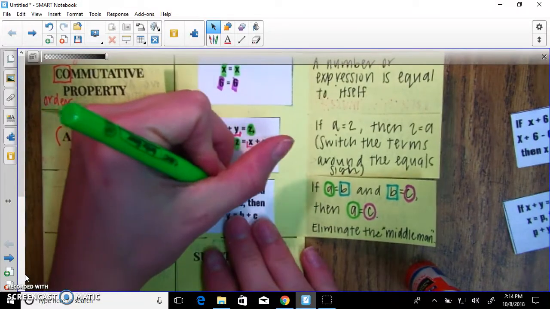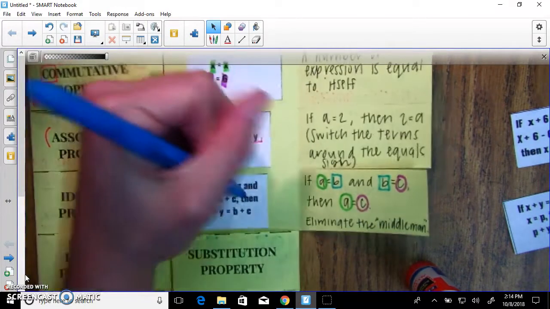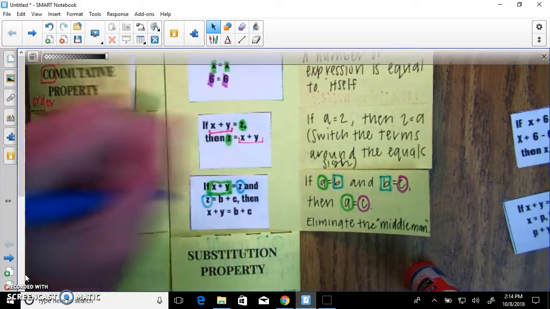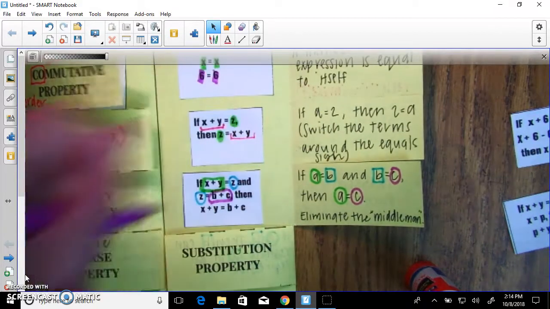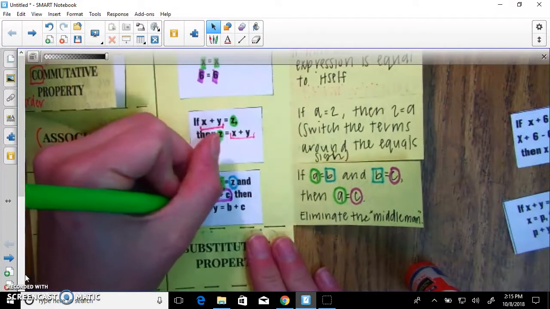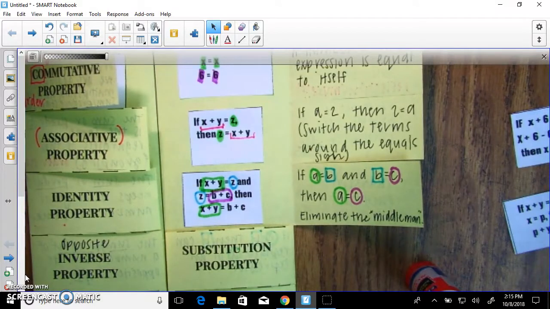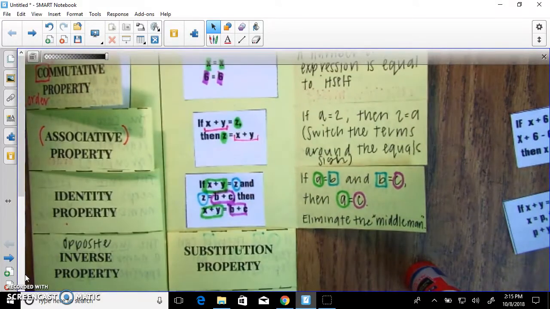So if x plus y, so that's like our A, is equal to z, and then z is equal to b plus c, so that's that third item, then x plus y must be equal to b plus c. So since x plus y and b plus c were both equal to z, then they're equal to each other.